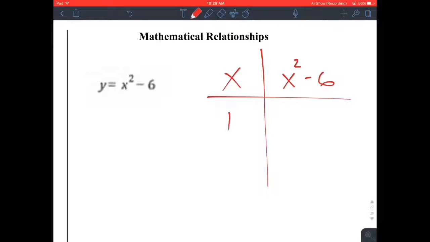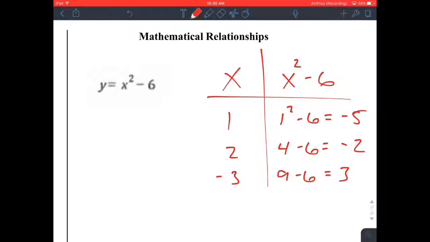So you put a 1 in. That's going to be 1 squared minus 6, which is negative 5. Put a 2 in, it's going to be 2 squared, which is 4, minus 6, which is negative 2. So you put in a negative 3. It's going to be 9 minus 6, it's going to be 3. This describes the relationship between those two things, x and y.